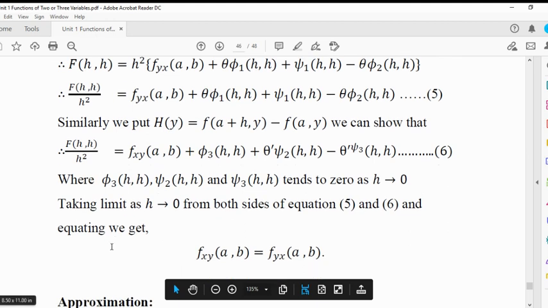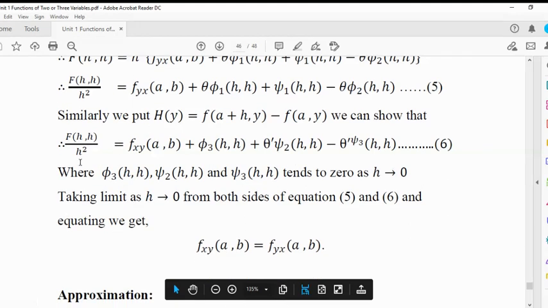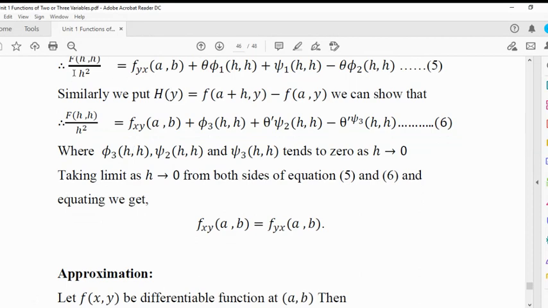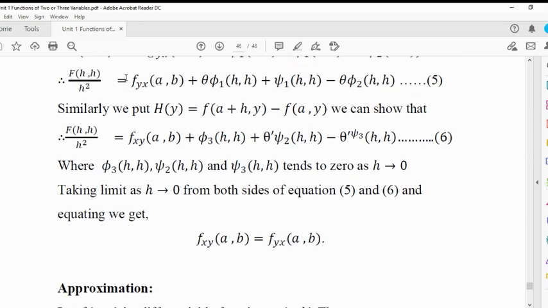Now taking the limit as h tends to 0 from both sides of equations 5 and 6, and since the left-hand side of equation 5 and the left-hand side of equation 6 are equal, we get: if we take the limit h tends to 0, phi 1 is 0, psi 1 is 0, phi 2 is 0, and the other terms are also 0.